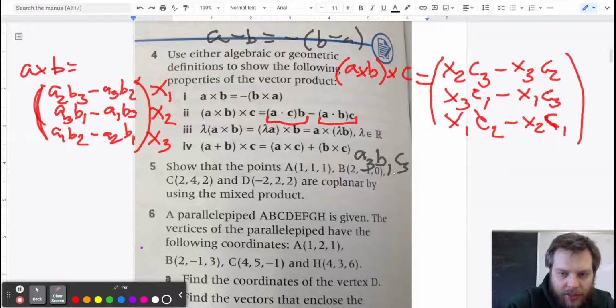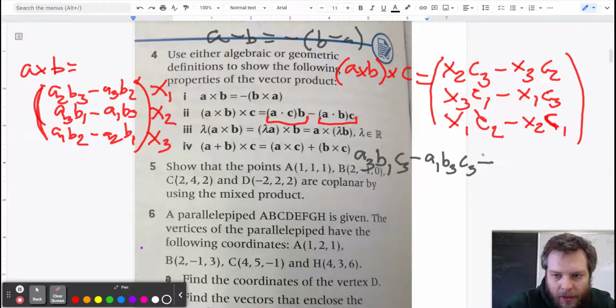I'm just going to distribute, minus a1 b3 c3. Then we subtract x3 times c2. So that's a1 b2 c2 double minus a2 b1 c2.